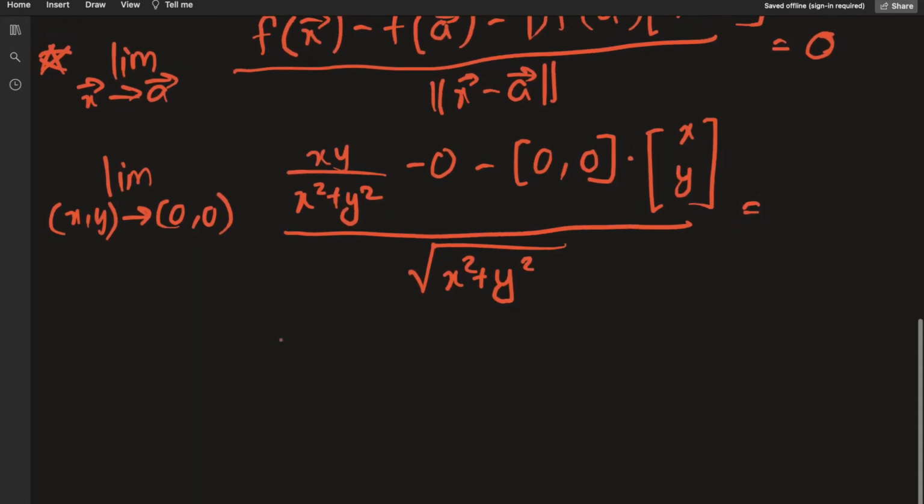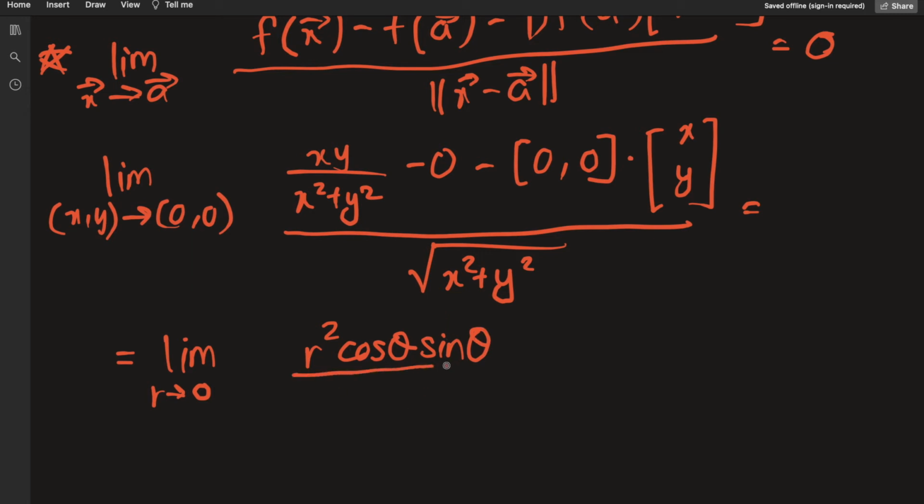Now, let's calculate whatever this is. Let's use polar coordinates, because we have x squared plus y squared in both places, so it's convenient to work with polar. This is just multivariable limits, guys. Just see the last video for this.